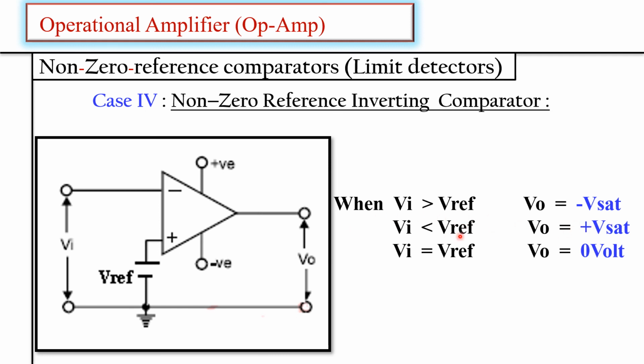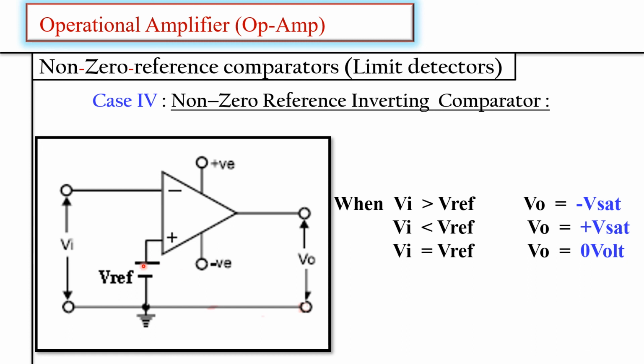When Vi at the inverting terminal is less than Vreference at the non-inverting terminal, then Vout is equal to positive saturation. And when Vi at the inverting terminal is equal to the reference voltage at the non-inverting terminal, then Vout is equal to 0 volt. The reference voltage can be obtained from plus VCC or minus VEE by using a voltage divider arrangement, right?